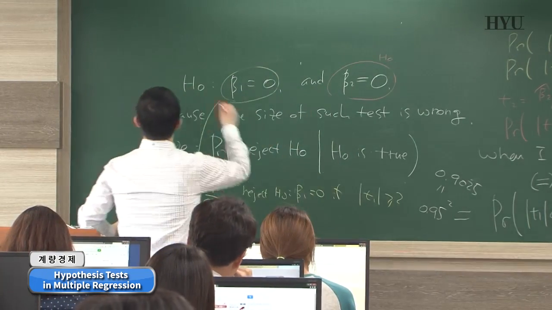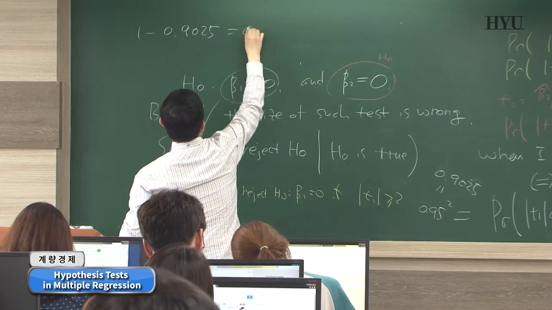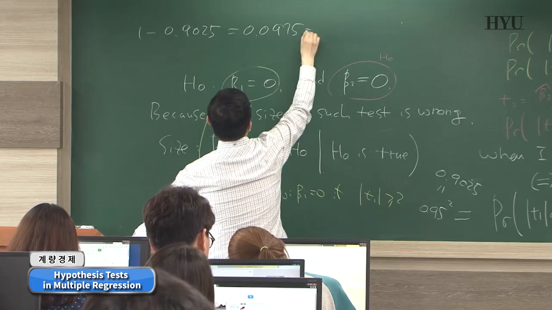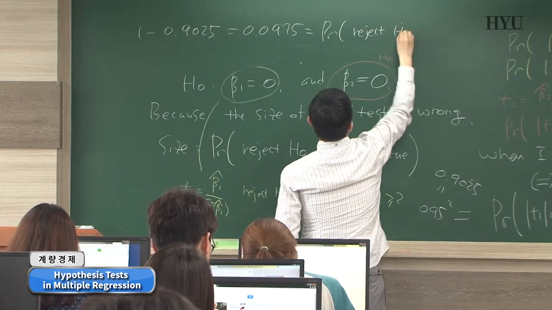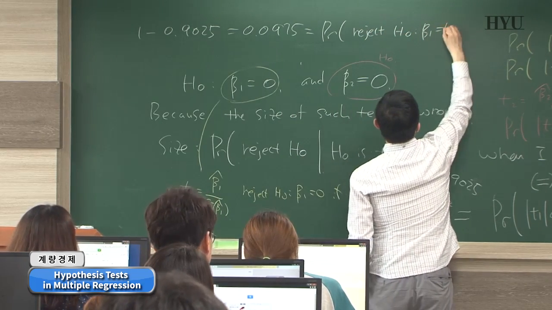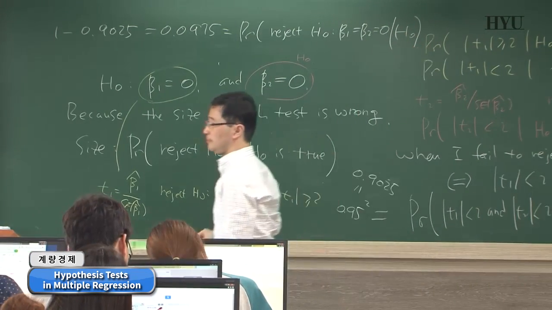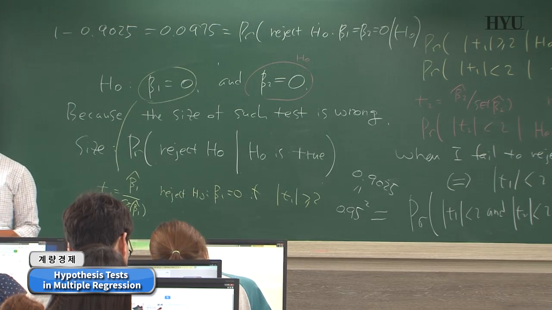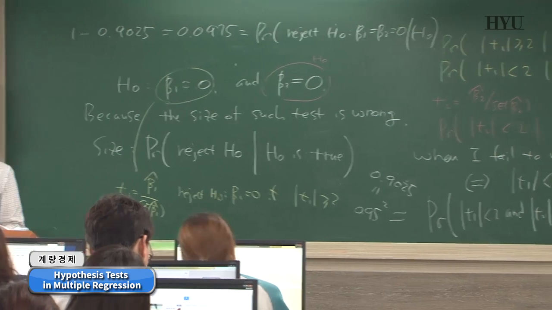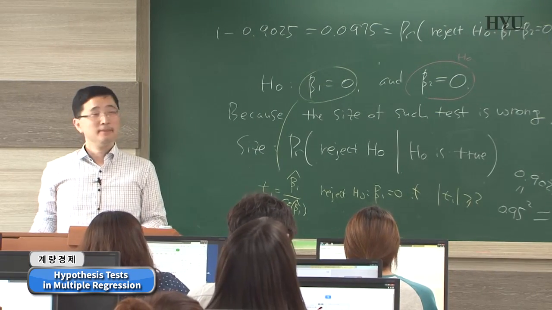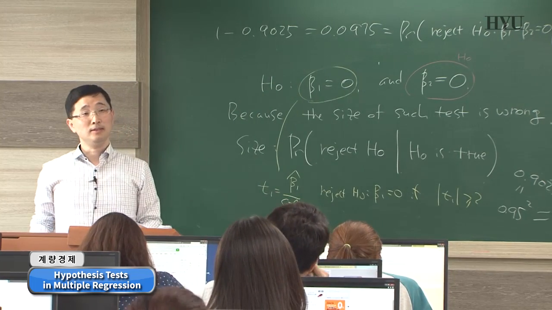So 1 minus this, which is 0.0975, given that the null is true. So that is the size of the test. And the size is not close to 0.05, it's close to 0.1, 10%.